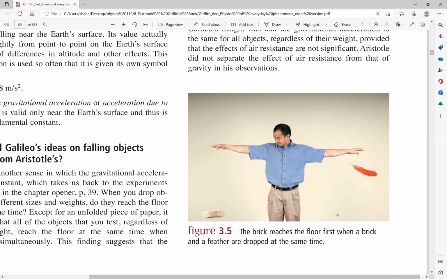Actually, that's the very important answer here. This is the key difference between feather and brick, or feather and hammer.